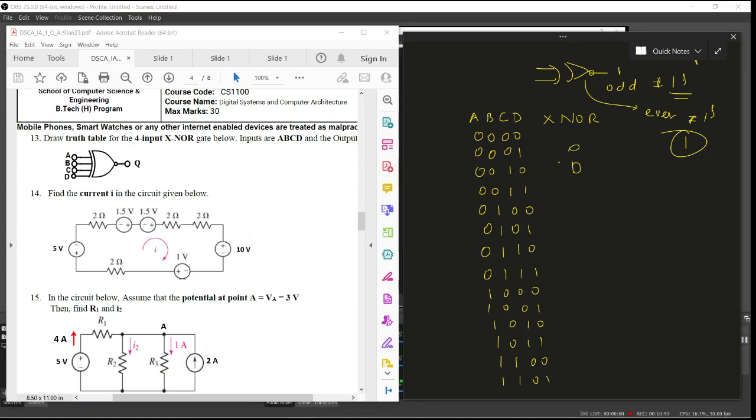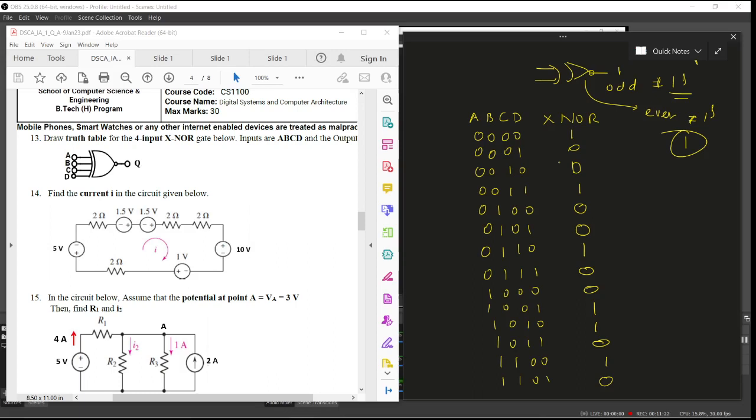This is also going to be 0. This is either an even number of ones or no ones, so it will be 1. Now what about this? Here an odd number of ones is there, so it's 0. This is also 0. This will be 1. This is 0. This is 0. This is 1. Even number of ones are there, so this is 1. This is 0, 1 and 0. So this is the output that you will get.